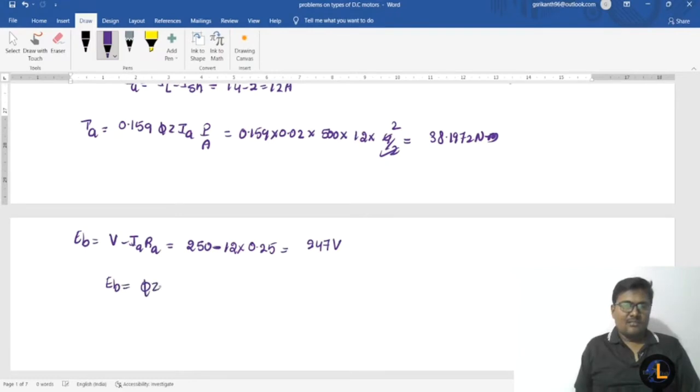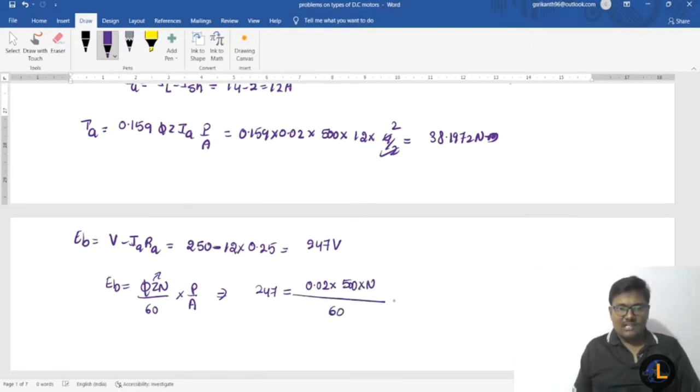Then Eb is equal to flux Z N by 60 into P divided by A. 247 is equal to 0.02, number of conductors is 500, speed is the unknown quantity we have to calculate, by 60, 4 divided by 2.